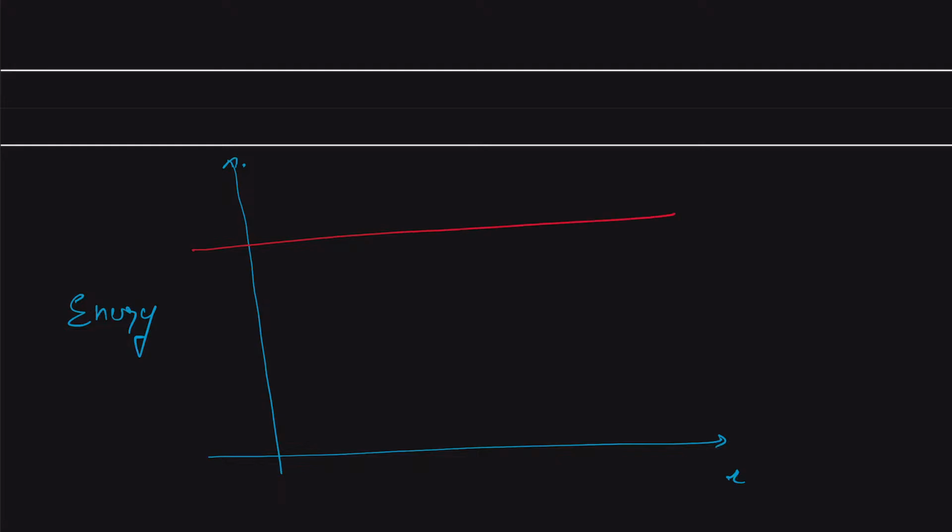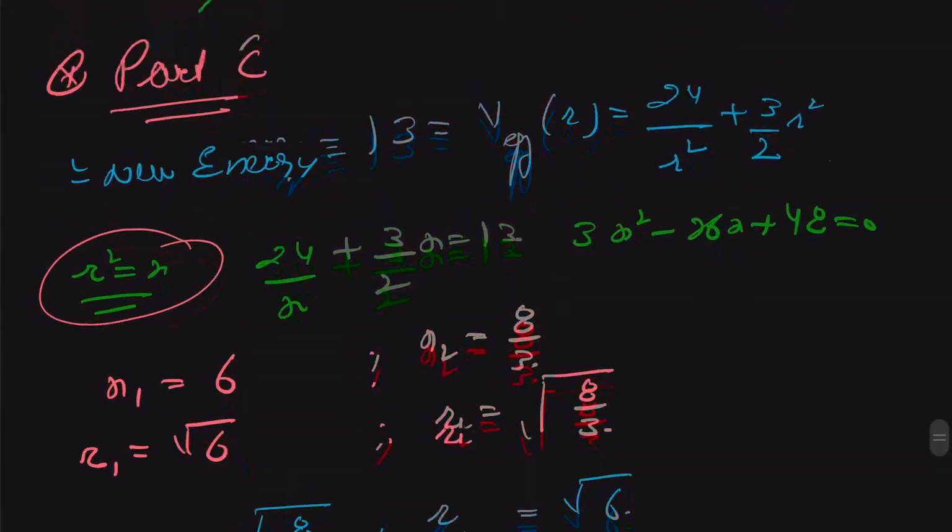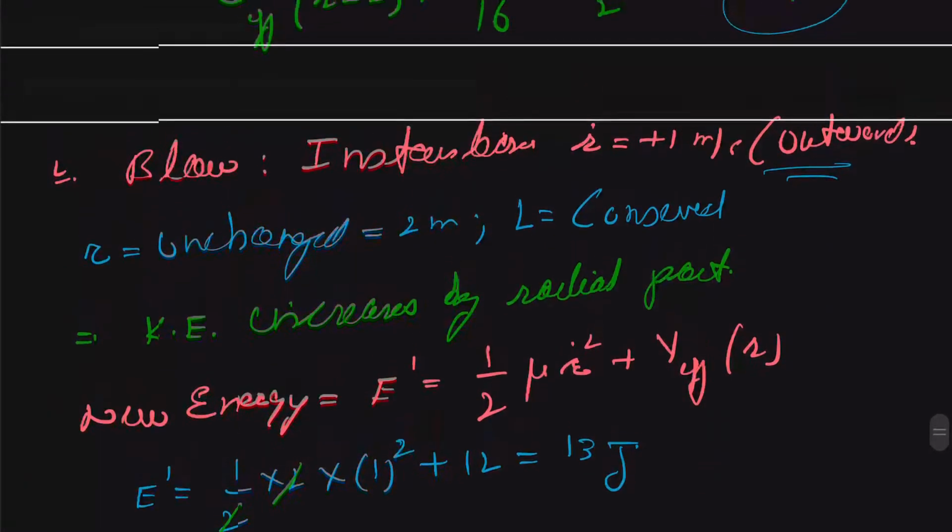We were given that initial energy was 12, and final energy which we calculated is 13 joule. And we got our minimum and maximum value of radius also, and we know that the energy consists of two components.